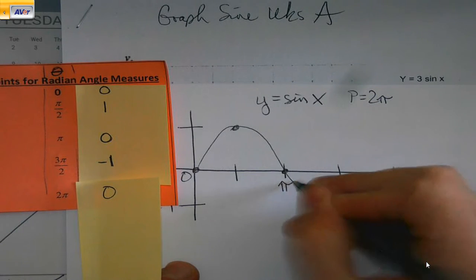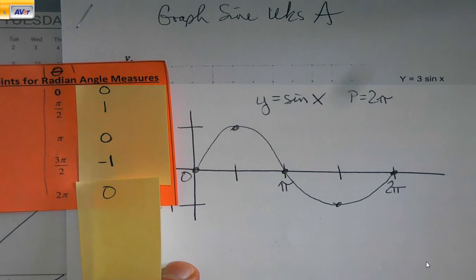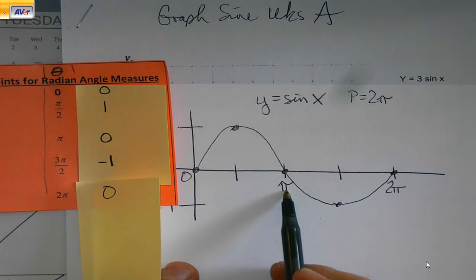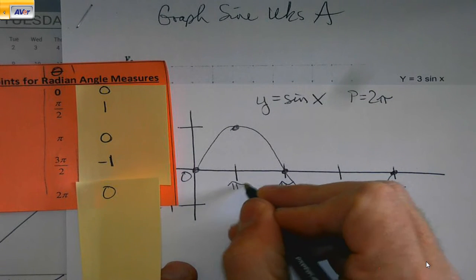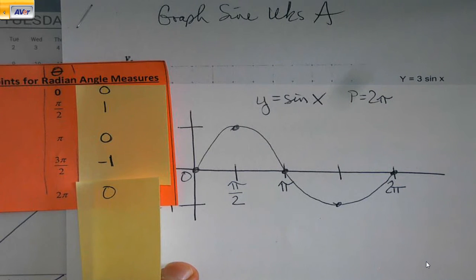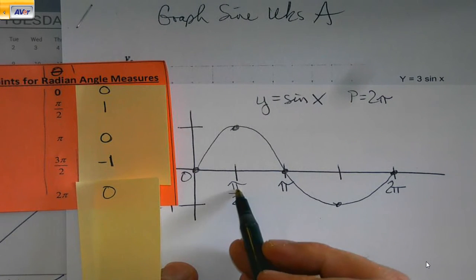So 1 pi. What's right in the middle of 0 and 1? Well, half, right? Now we're not going to put 0.5. It's like we're writing a half, except we're using pi instead of the 1. So this is 1 pi over 2.